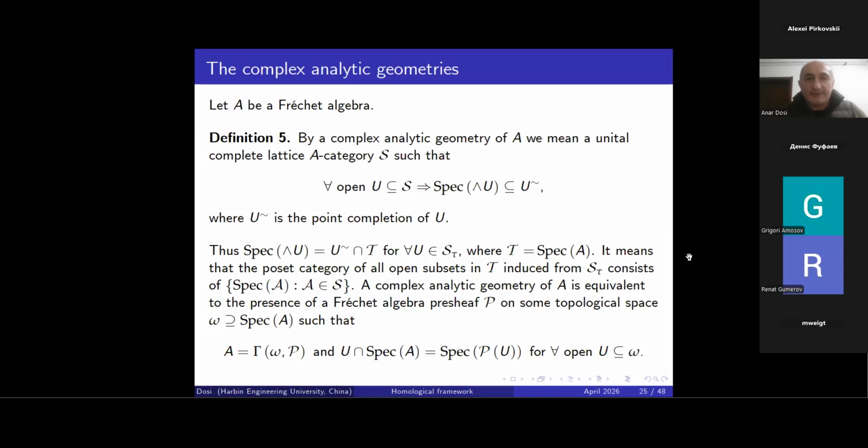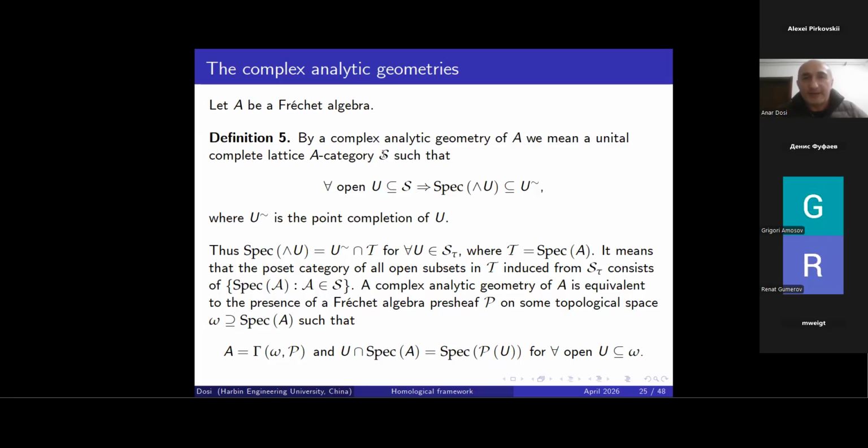So now, let me introduce what is meant by complex analytic geometry of A from this perspective, because every time we have a problem with identifying the general topological space associated with A and some sheaf or presheaf structure over it. But this definition is quite general, so we don't care about this particular topological space or whatever.